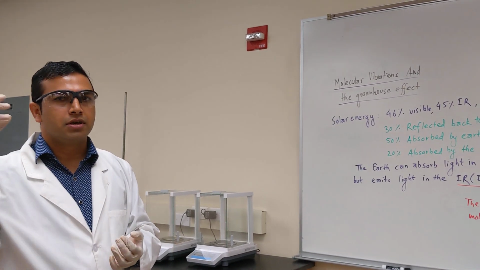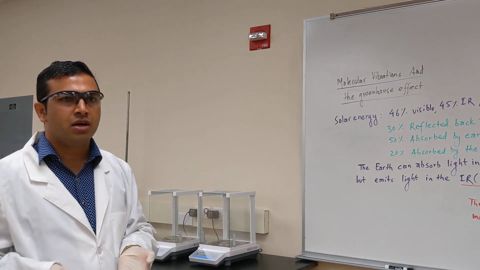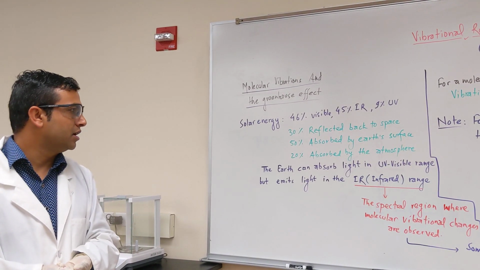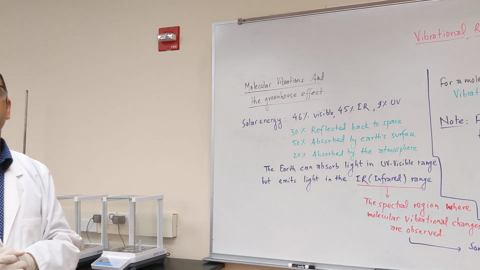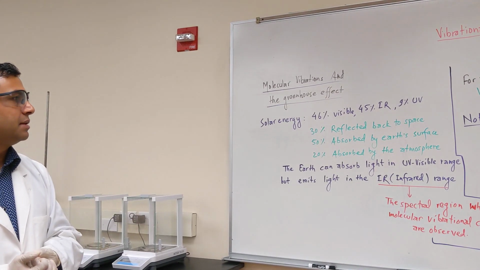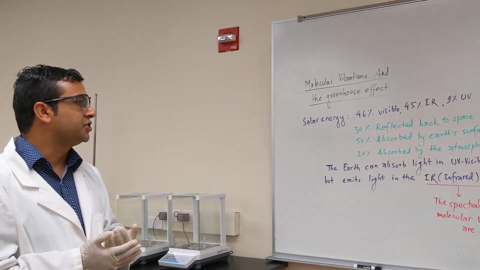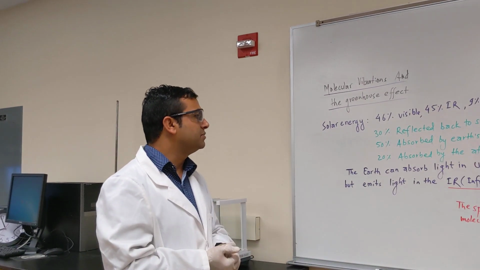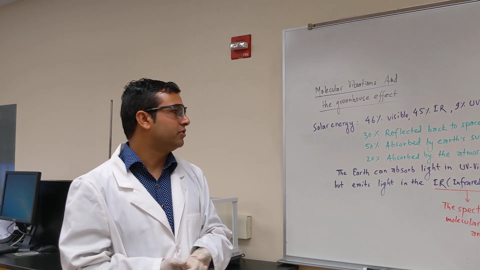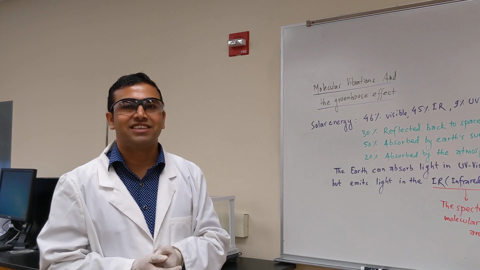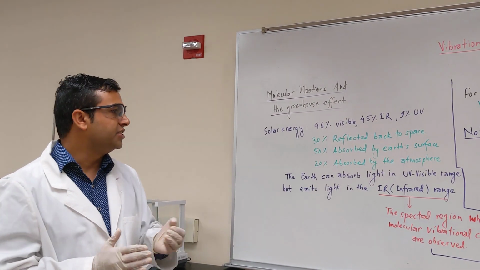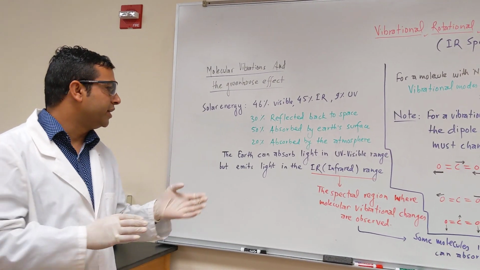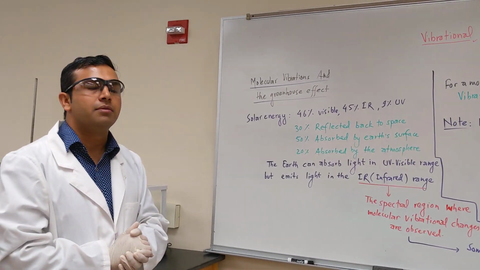Of the light, 30% is reflected back to space, 50% is absorbed by Earth's surface, and the rest 20% is absorbed by the atmosphere, right? So the Earth can absorb light in the UV visible range, but it emits light in the infrared region, right? This infrared region is where vibrational changes are absorbed.